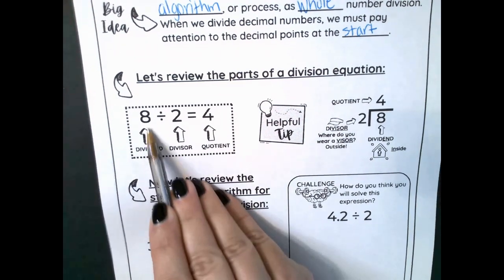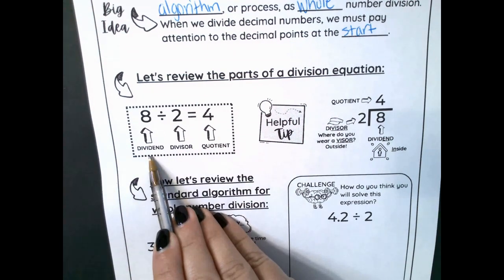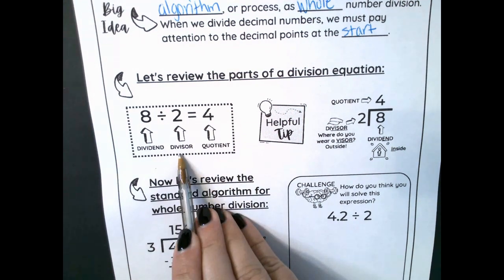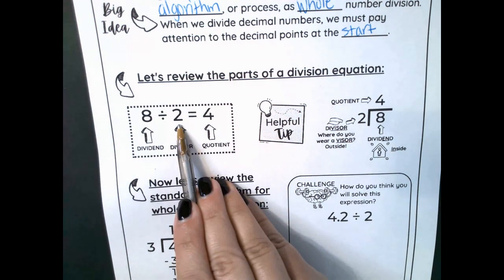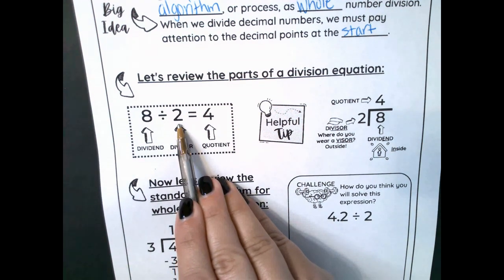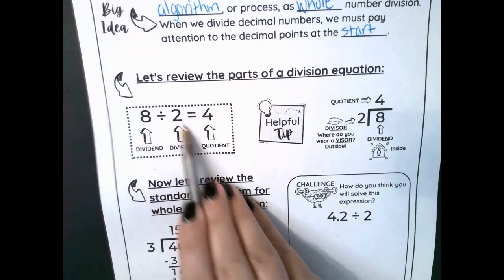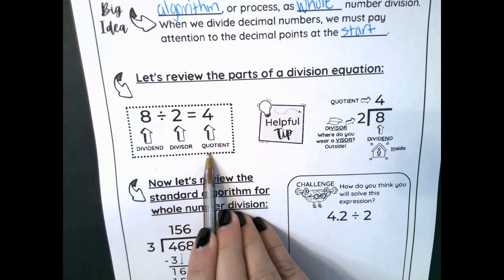The dividend is 8 because that is what we start with, how many we have that we're actually dividing. The 2 is called our divisor because this is either how many groups we're making or how many are in each group when we divide the 8 out. And then 4 is our quotient or our solution.